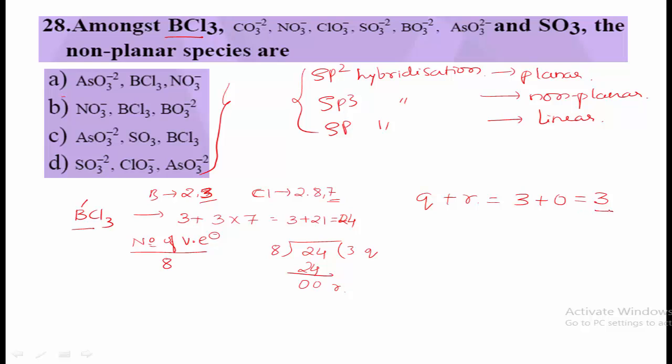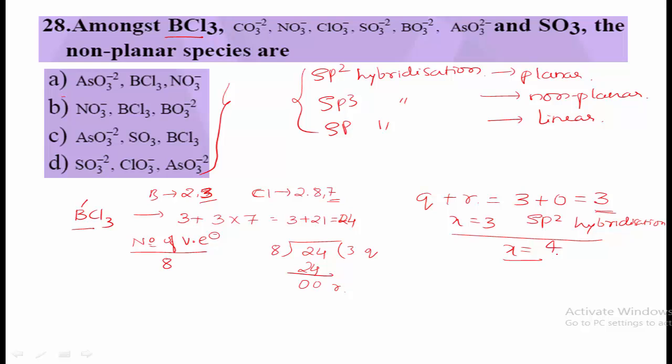When you get 3, then the type of hybridization the molecule will undergo will be sp2 hybridization. Suppose you get the value as 4, let us consider x. If x is equal to 3, it is sp2 hybridization.